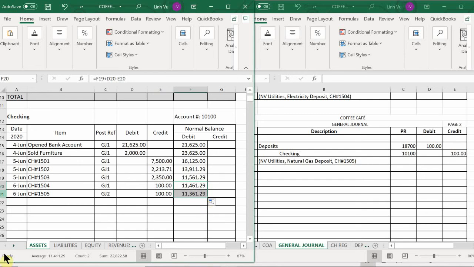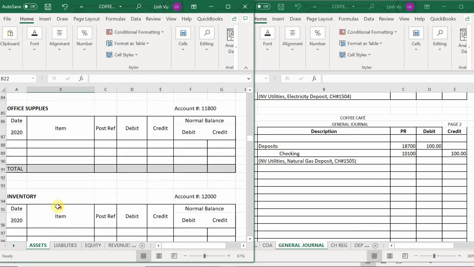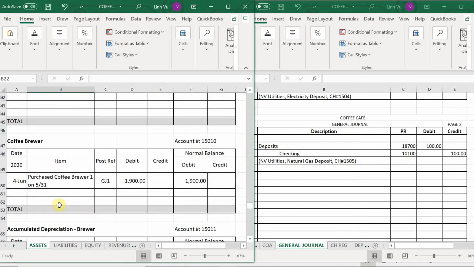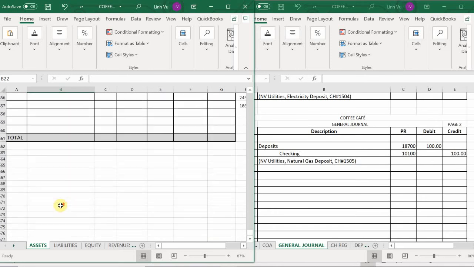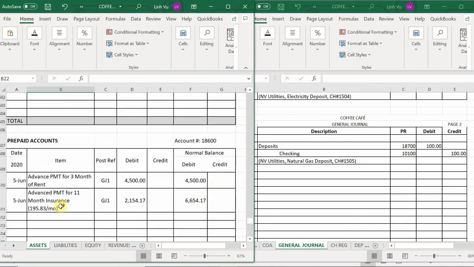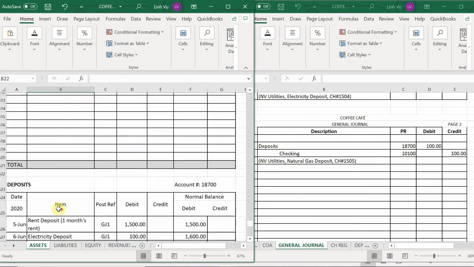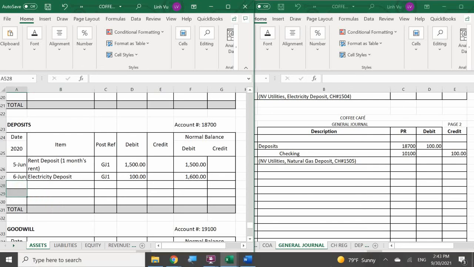Now we have to go update our deposits, because now we have a natural gas deposit. Okay, so where's my deposits at? There you go. Deposits, it is 6.6.